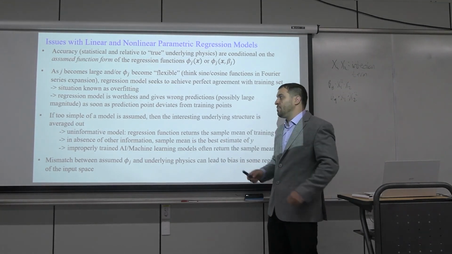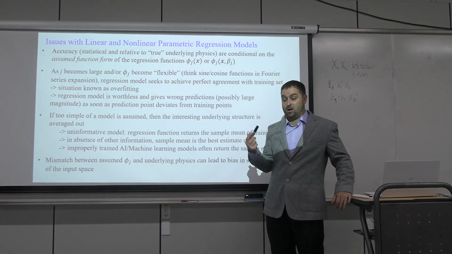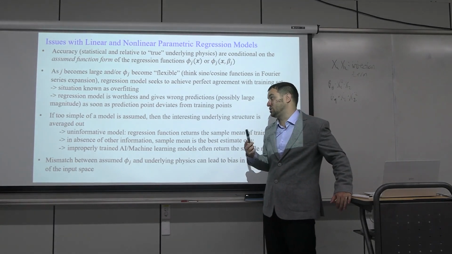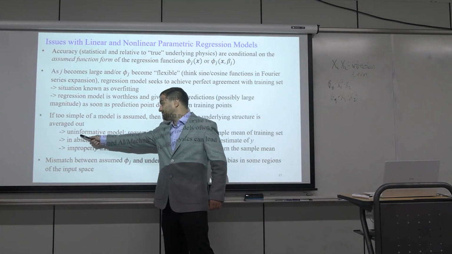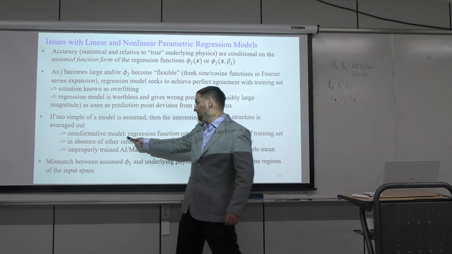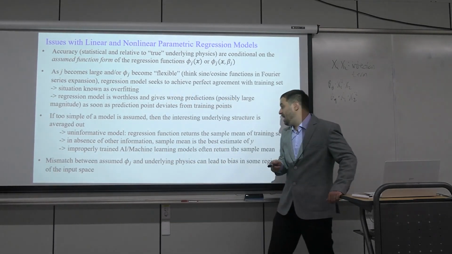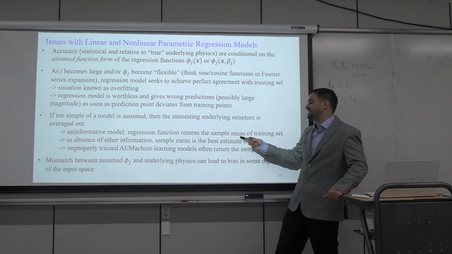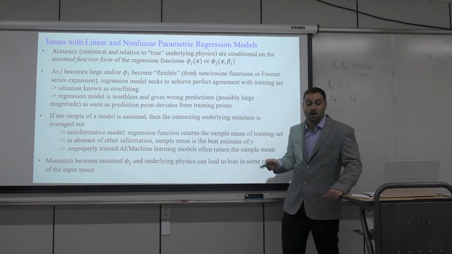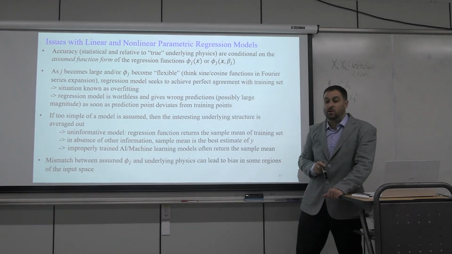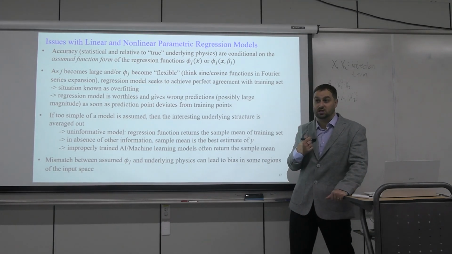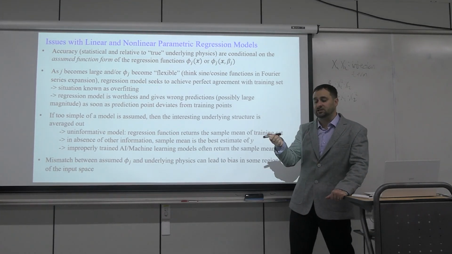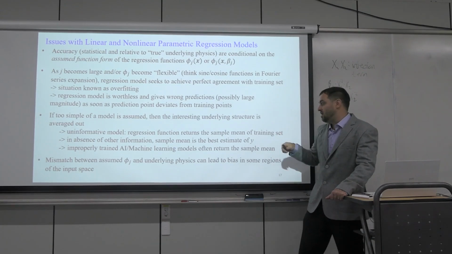Another type of model that will often occur is what's called the uninformative model. This is when the regression function returns the sample mean of the training set. I've encountered this in my own research with the Gaussian process model, and I recently saw it in a PhD defense for the artificial neural network.